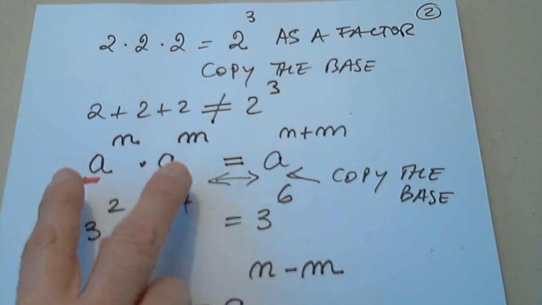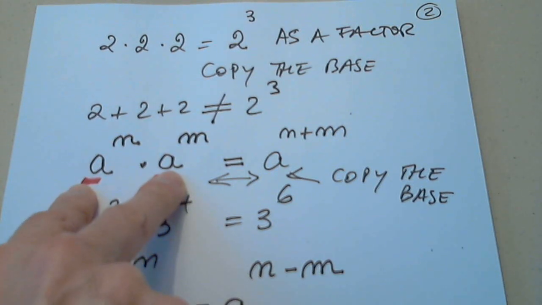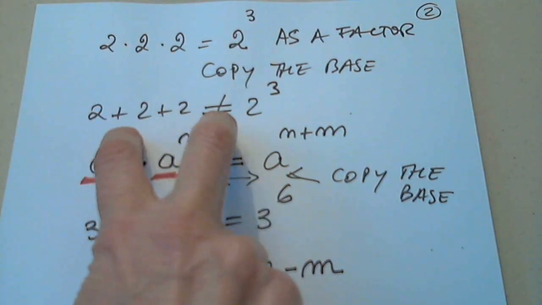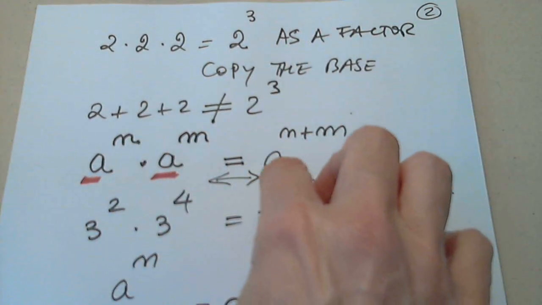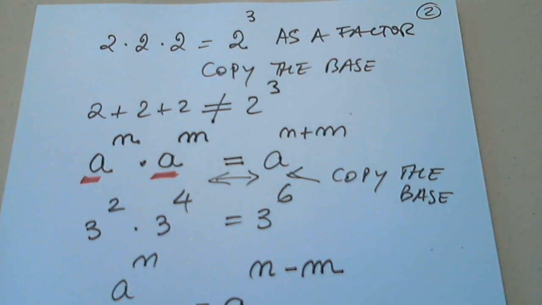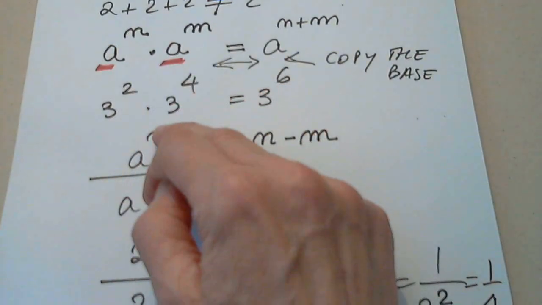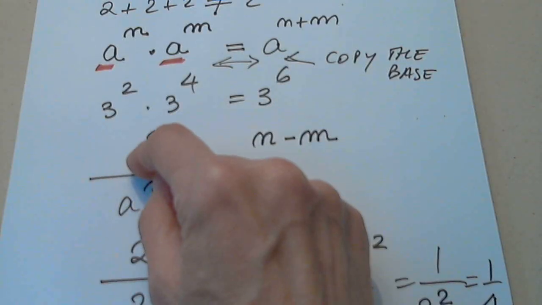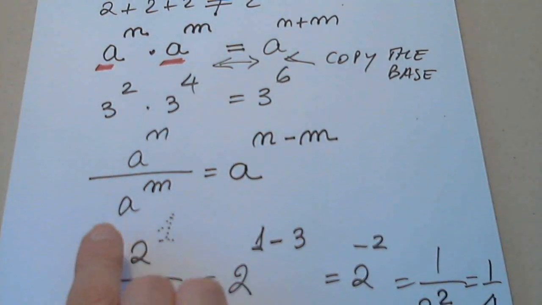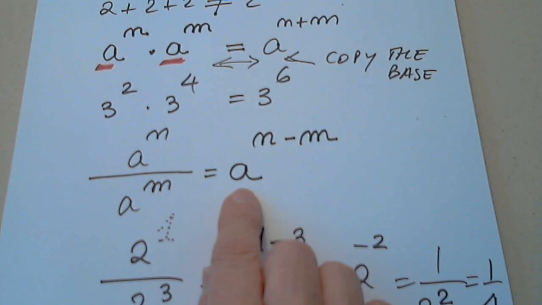When we multiply 2 exponential notations with the same base and different exponents, they can be the same, true. We copy the base and we add the exponents. When we divide 2 exponential notations with the same base, we don't ever touch the base. We copy the base and we subtract.